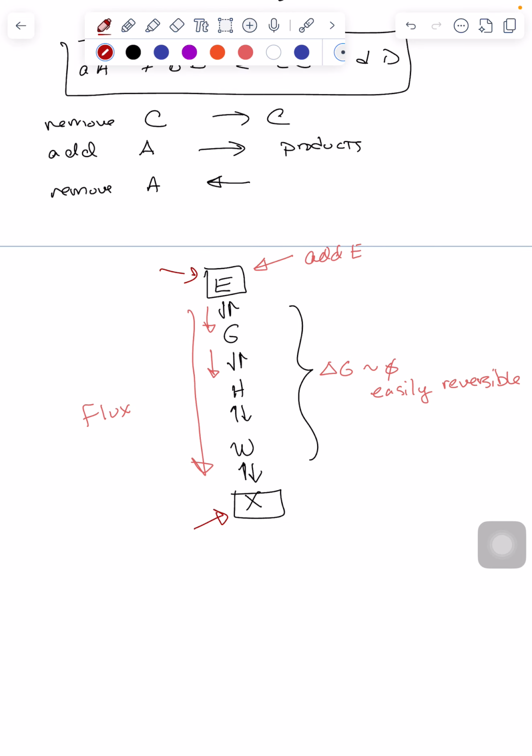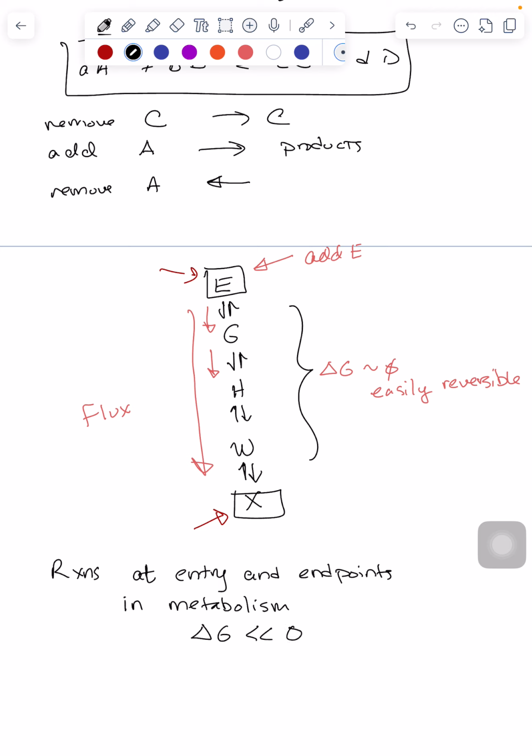So reactions at entry points and endpoints in metabolism tend to have a delta G that is far from zero.